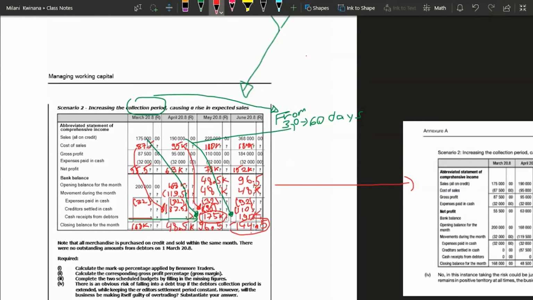That's why I'm showing you the arrow. Do you see this arrow? Yes, sir. 175 comes here. This will be paid out here in May. April will be paid out in June, after 2 months. We agree? Yes, sir.